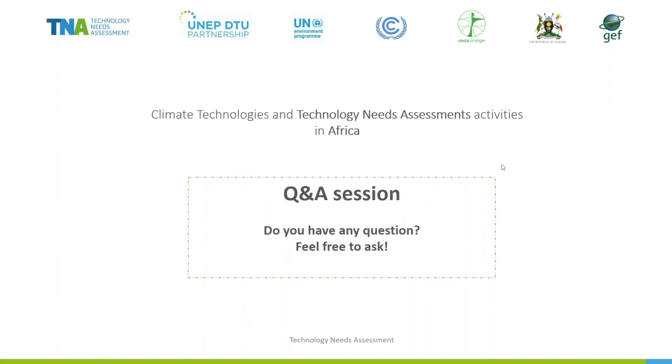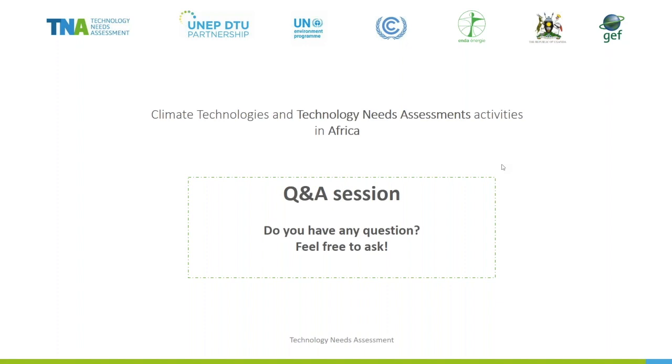Yeah, so now it is time for the Q&A session. We have received a lot of very interesting questions. I will reply to the first one as it's quite a general one. Where can we find the country TNA reports?